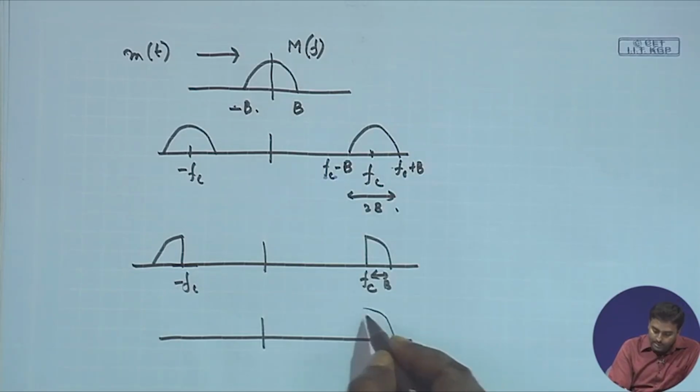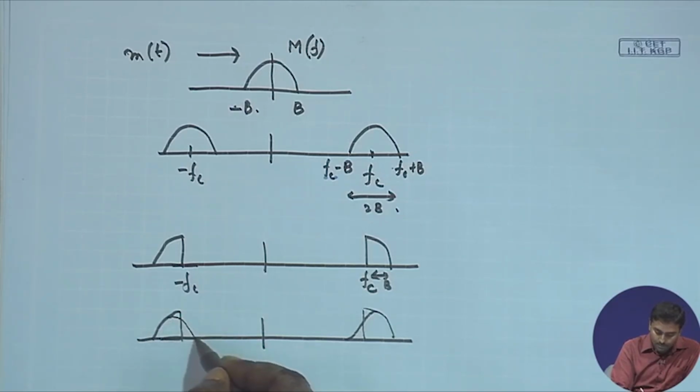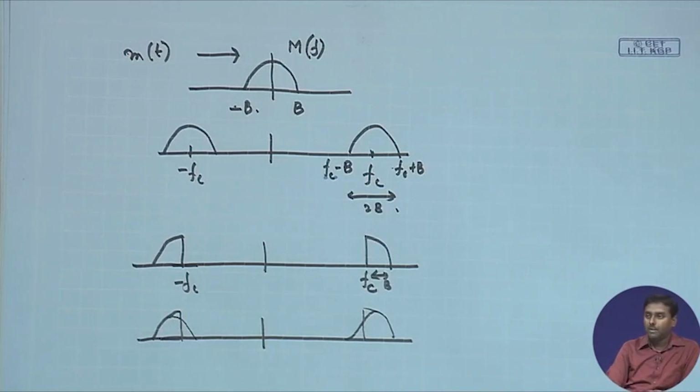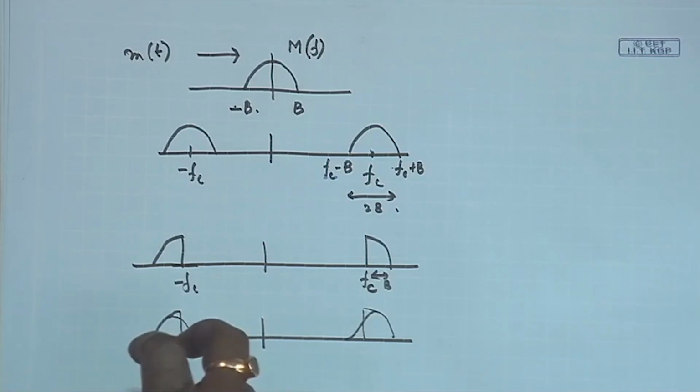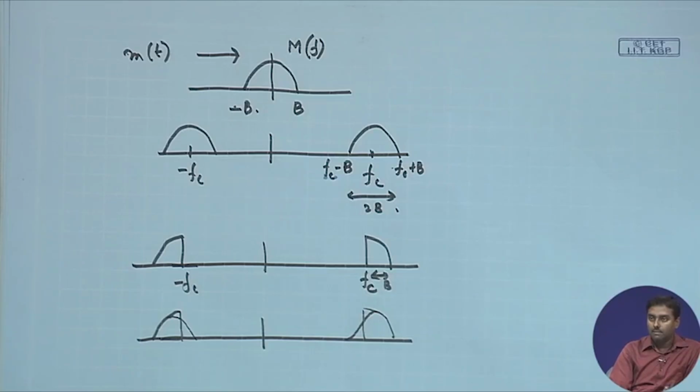And because I cannot create this sharp cutoff around Fc, what I will do is try to create something which is like this. Basically, I am suppressing some portion in the valid band of the USB and including some portion of the LSB.